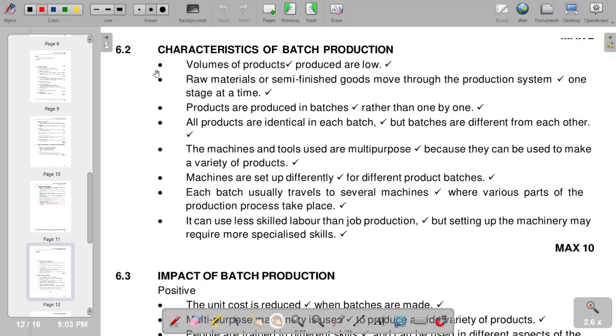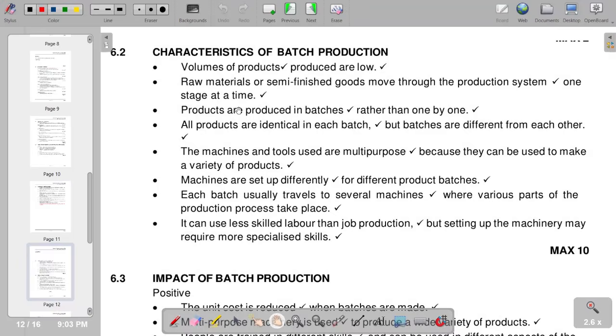On the next part, we have got characteristics of batch production. So these are the characteristics of batch production that we have. Volumes of products produced are low. Also, raw materials or semi-finished goods are moved through the production system one stage at a time.